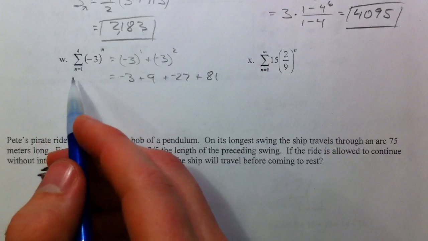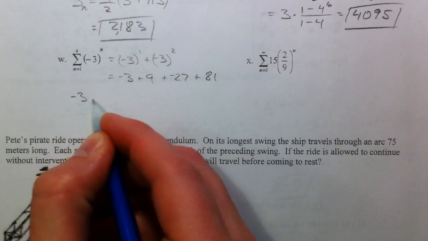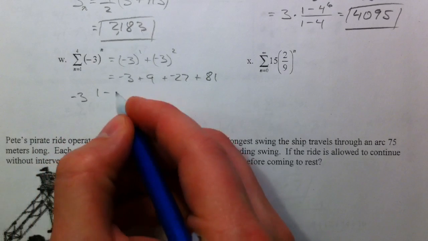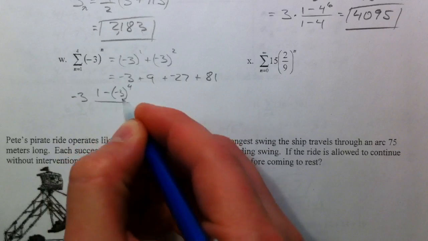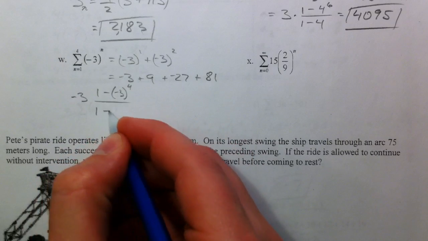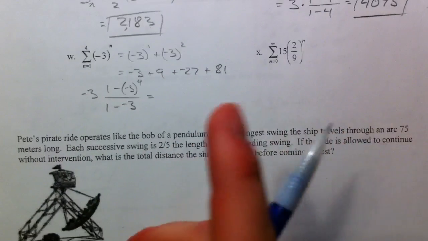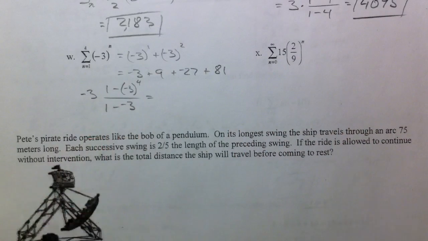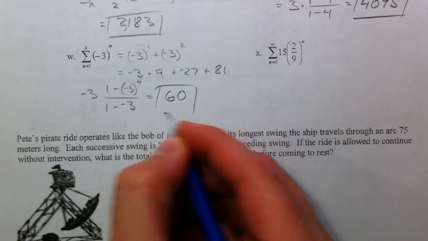This one only has 4 numbers, but you can still use the first term being negative 3, 1 minus r, which is negative 3 raised to the 4th. So that'll end up being positive, and 1 minus a negative 3. So either way you cut it, you should get 60.